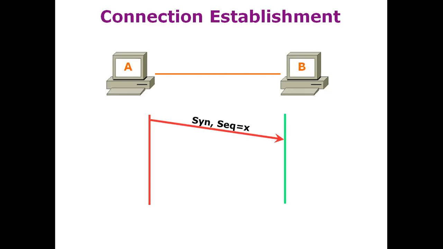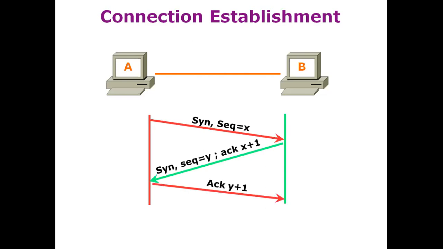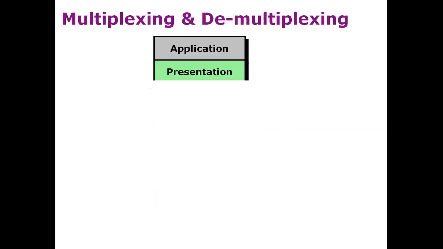After receiving the SYN packet, system B will respond with SYN ACK. And finally, your system A will send an ACK packet. This process is called the three-way handshake, brother. This will happen on the transport layer.